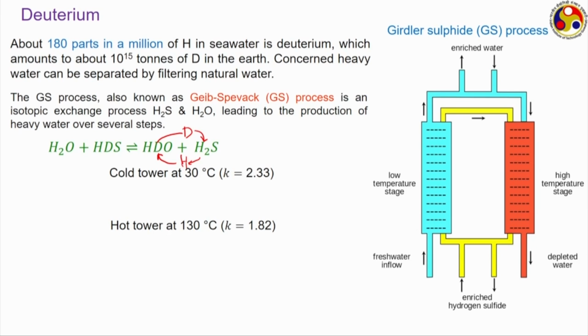So, while passing through the cold tower, the fraction of deuterium present in the water increases, while passing through the hot tower that decreases. This you can also say to be an enrichment of water from the heavy water point of view. Here enrichment refers to the fraction of deuterium increasing in water.